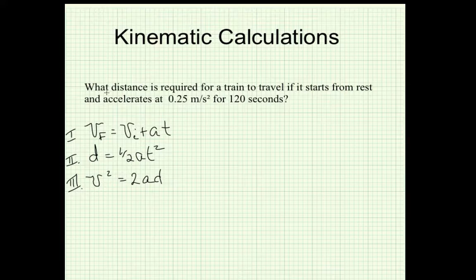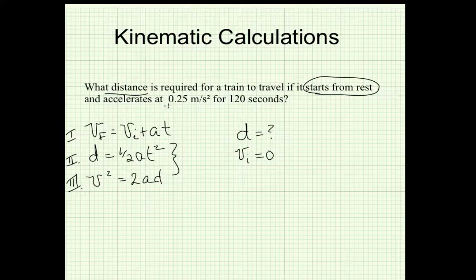All right, the question is, it says what distance? So right off the bat, that's telling me I'm looking for the distance. That's what I don't know. And it says it's required for a train to travel if it starts from rest. If it starts from rest, that tells me my initial velocity is 0, which is good because then that means that these two equations will work fine.